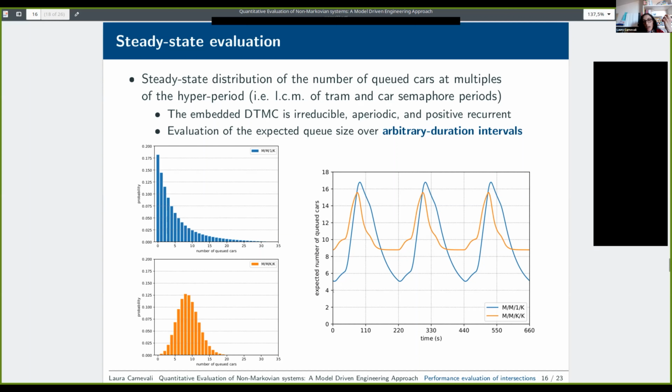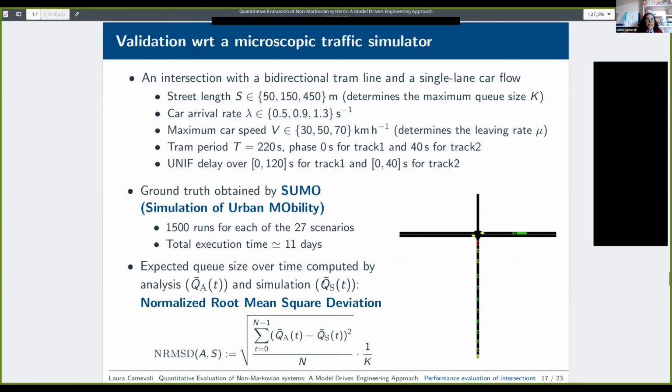So in this case here, we have the same curve that we have computed before, but in this case, we start from the steady state distribution. And we can see, and this was also evident from the previous plot, that the steady state actually is reached in a small number of hyper periods, which I would say was something that we expected before performing the experiments.